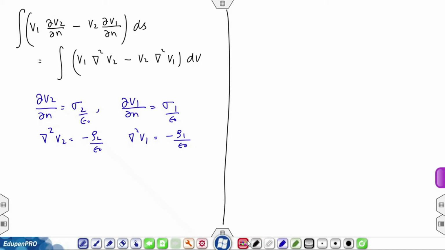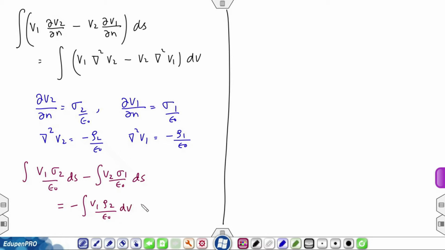If I put it all together in the equation for Green's second identity, I get V1 sigma 2 over epsilon 0 dS minus V2 sigma 1 over epsilon 0 dS is equal to the integration of minus V1 rho 2 over epsilon 0 dV plus the integration of V2 rho 1 over epsilon 0 dV.